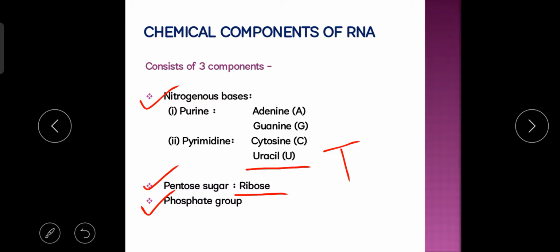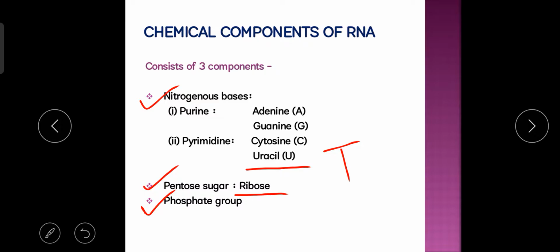In carbon position 2, the oxygen atom is missing in DNA. That is why it is called deoxyribose. And in ribose sugar, the second position always contains the oxygen. This is the difference between ribose and deoxyribose.